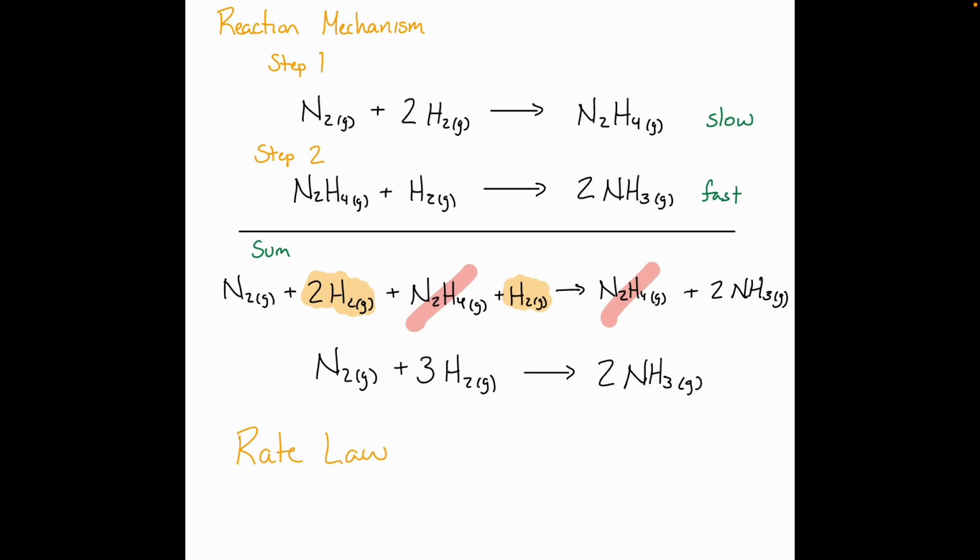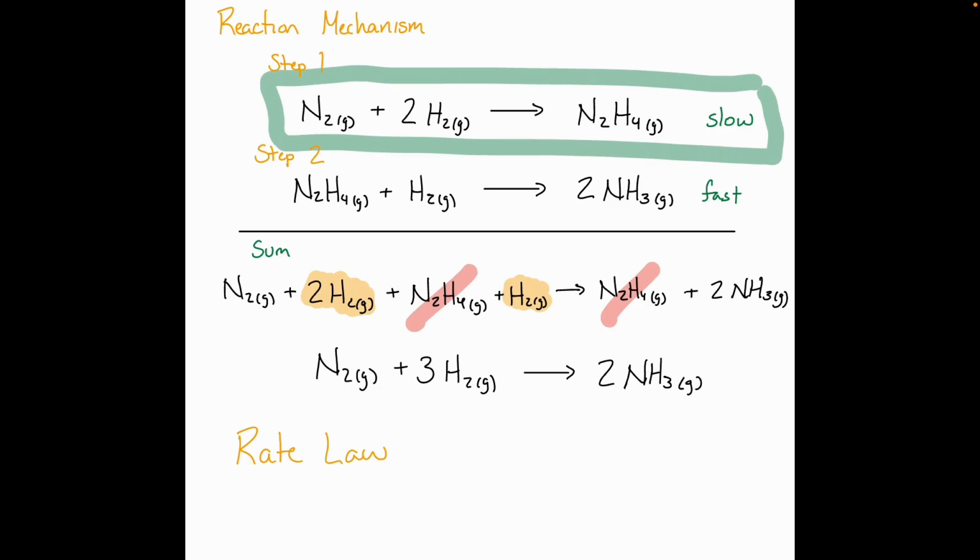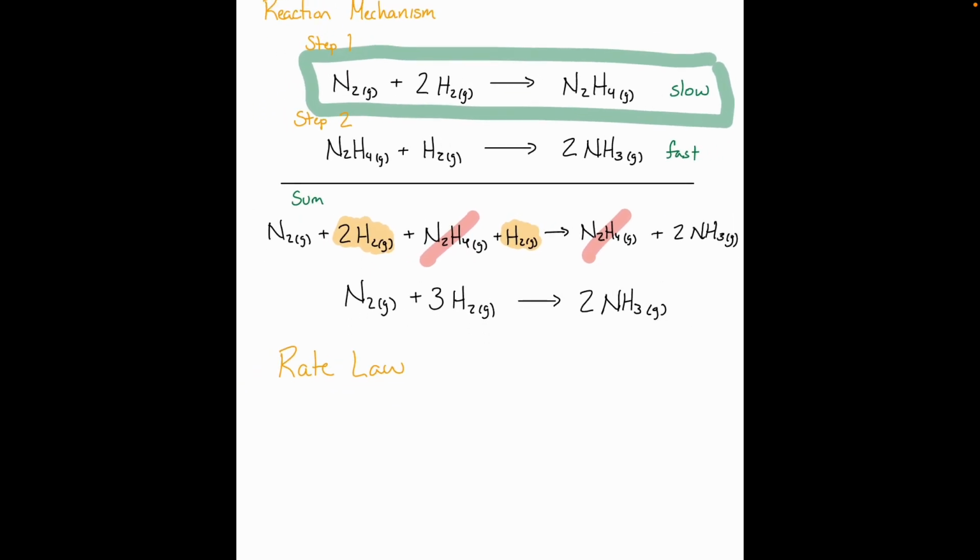All right, so when I do a rate law, I'm going to base it only on the slow step. This is my rate is equal to my rate constant K times the concentration of my reactants, rather. Okay, but I'm going to raise that hydrogen to the power of 2 because there's 2 of them involved in that elementary step.